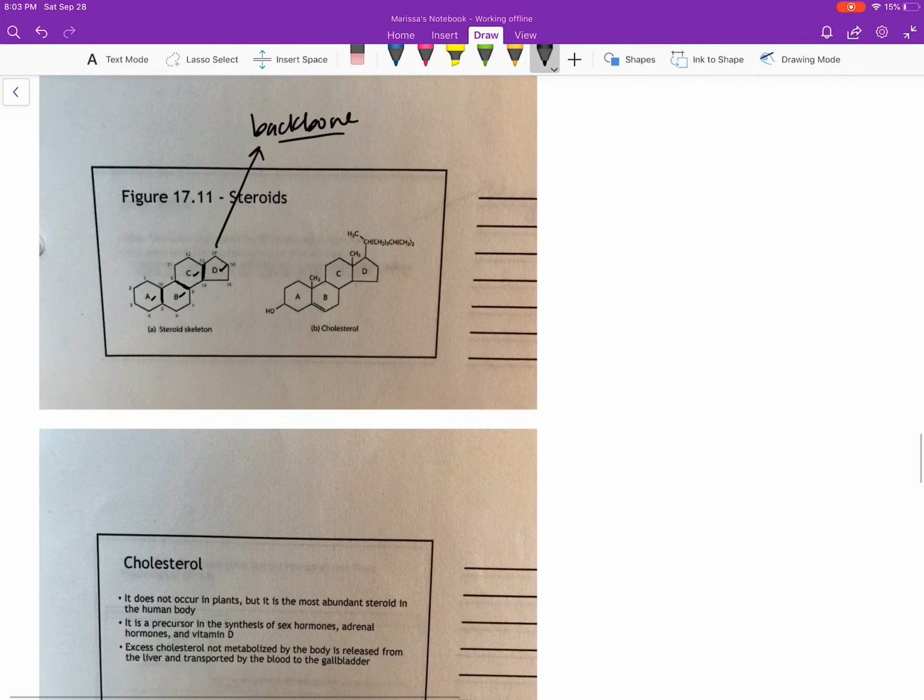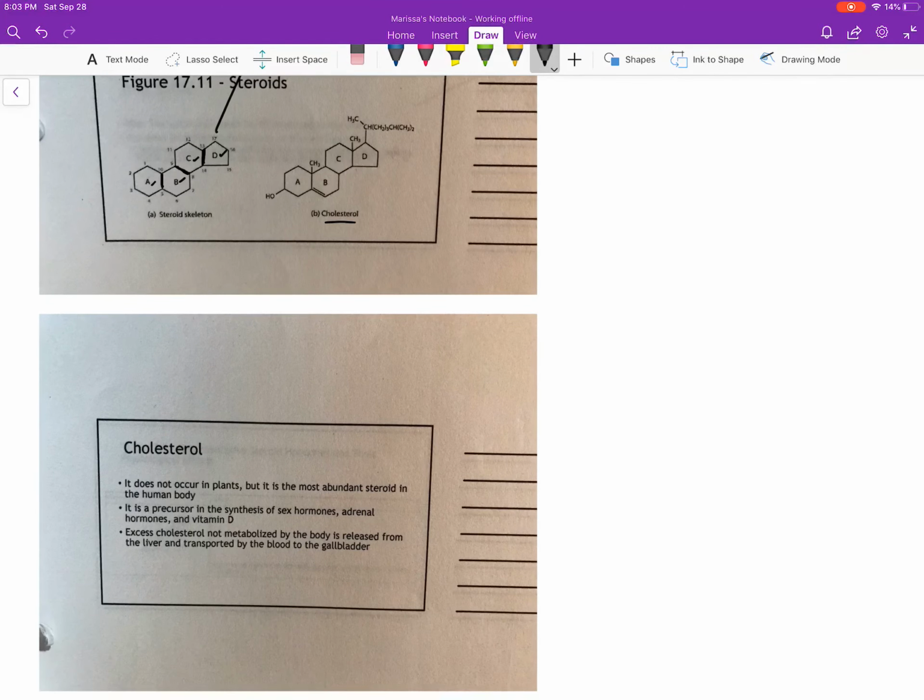All right, so cholesterol. We often hear about cholesterol as being kind of a bad word when it comes to your overall health. It does not occur in plants, but it is the most abundant steroid in the human body. It is a precursor in the synthesis of sex hormones, adrenal hormones, and vitamin D. So cholesterol is a necessity, even if we don't think about it as being a necessity because it has such a negative reputation.